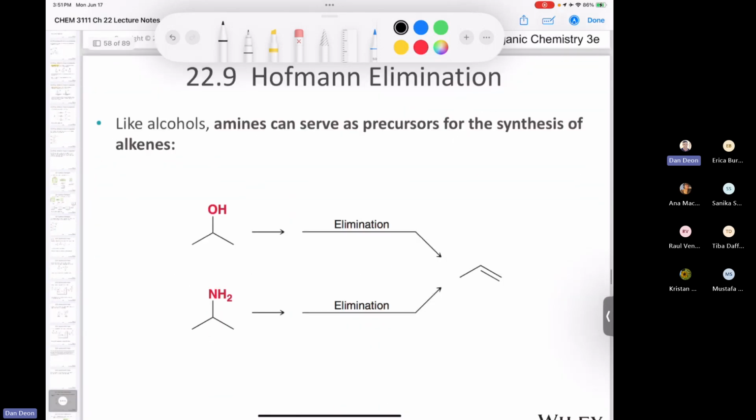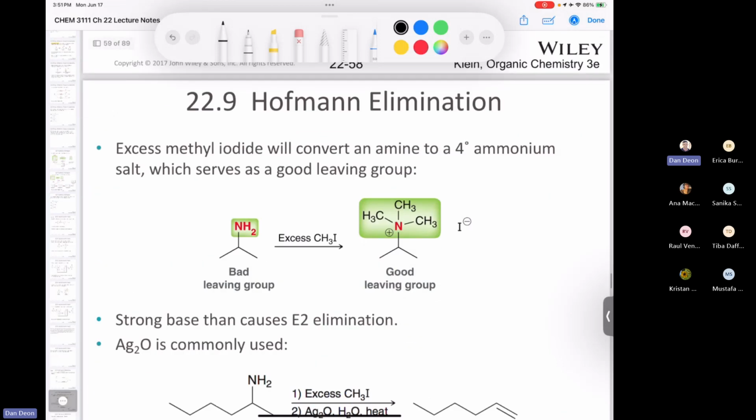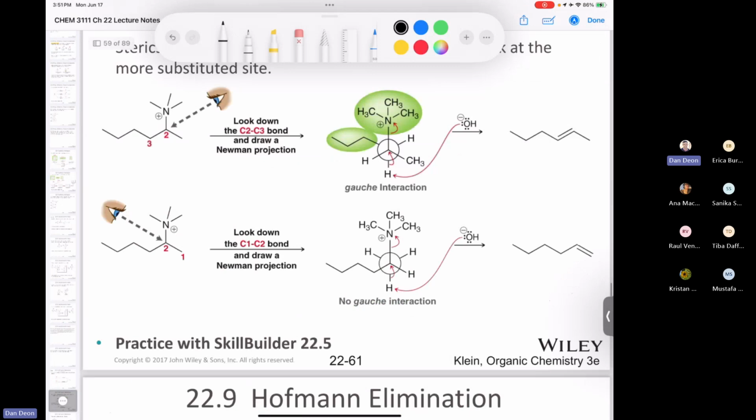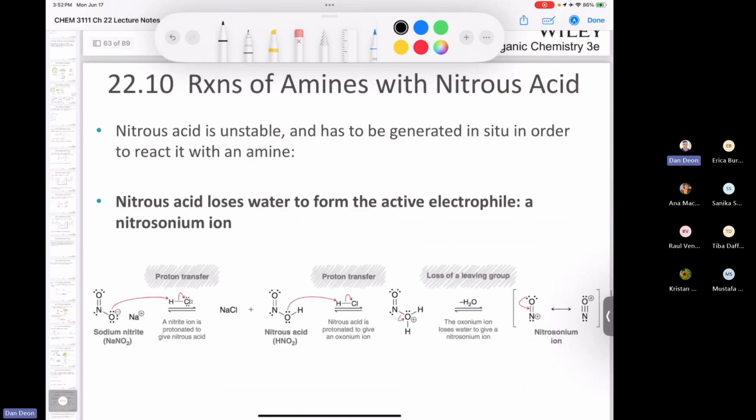Then we'll talk about Hofmann elimination. If you remember Zaitsev and Hofmann, we're going to go into more detail about the Hofmann elimination and where it comes from. Then we're going to talk about nitrous acid. You know nitric acid, which is HNO3, and nitrous acid is HNO2.